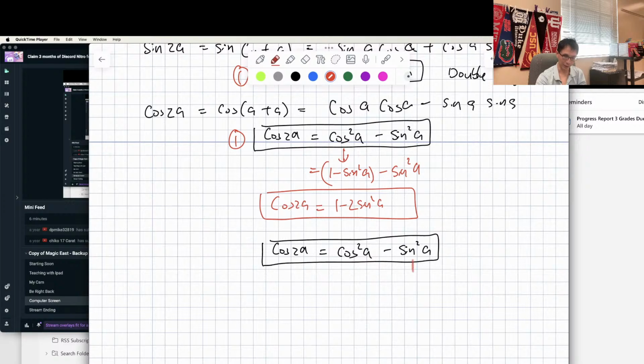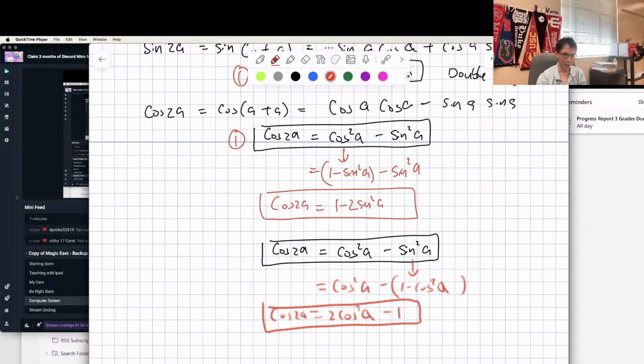So sine square is 1 minus cosine square. And so this is equal to cosine squared a minus that. So that becomes 2 cosine square of a minus 1. So this becomes cosine 2a.